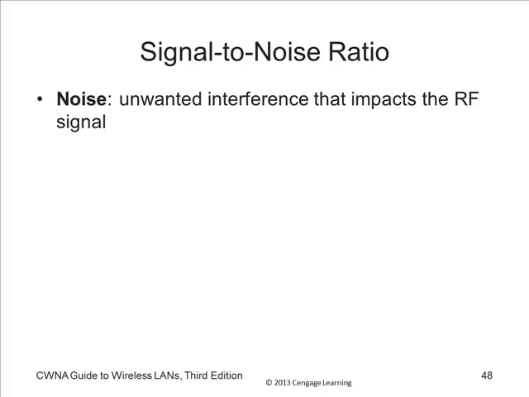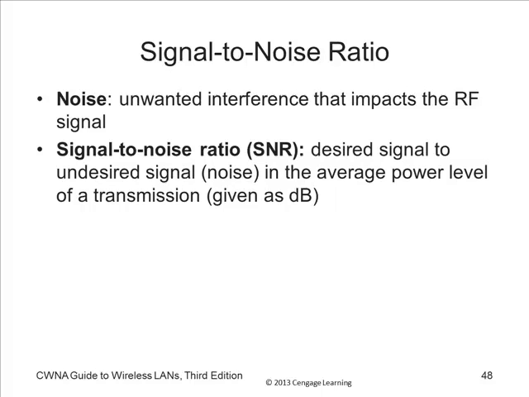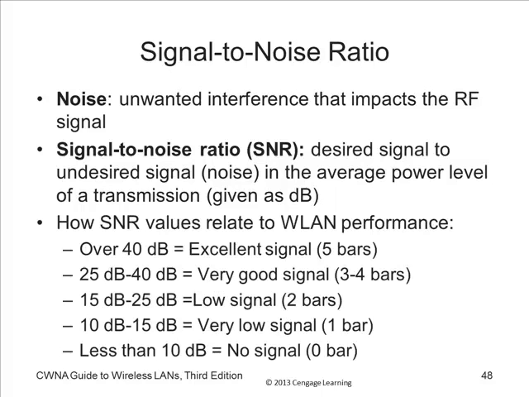What's the basic, how much noise can you have, the noise floor, so that you can find the signal in the noise itself. Signal to noise, desired signal to undesired signal noise, and the average power level of transmission, and it's again measured in dB. It's a relative measure.